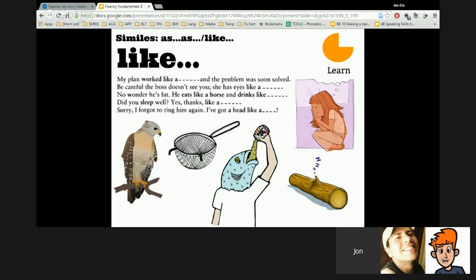Choose a picture. Oh, maybe this girl? No, the girl is dreaming. That's the one that Giancarlo chose. So it can't be the girl, because it's about having really good vision.